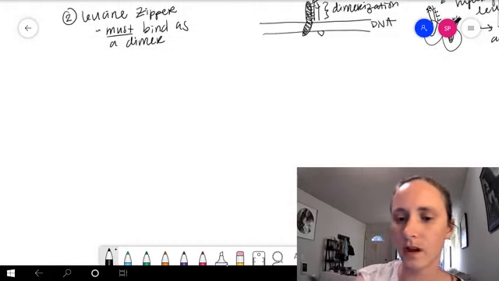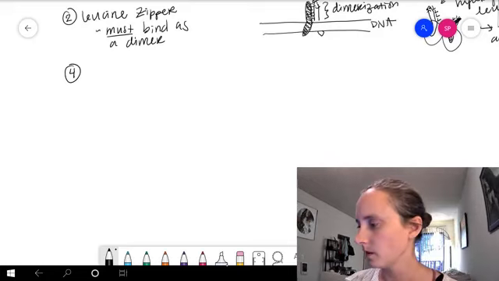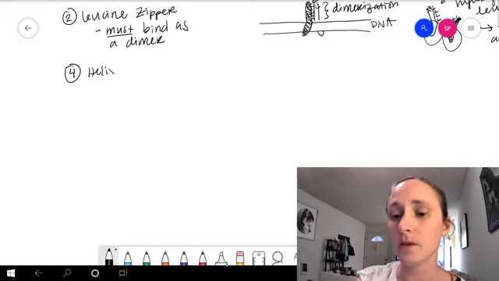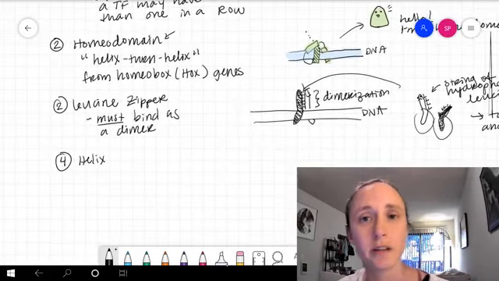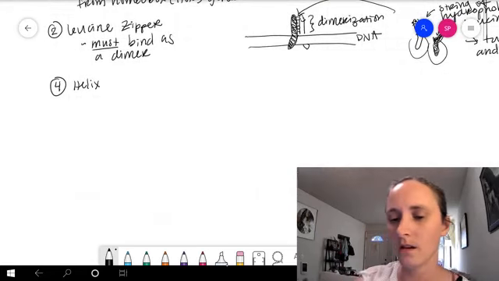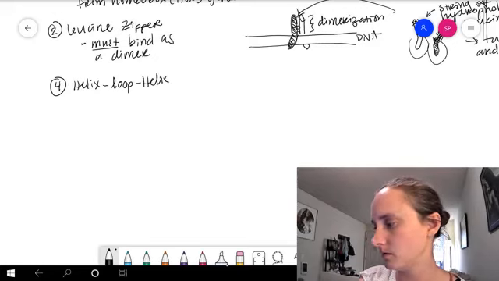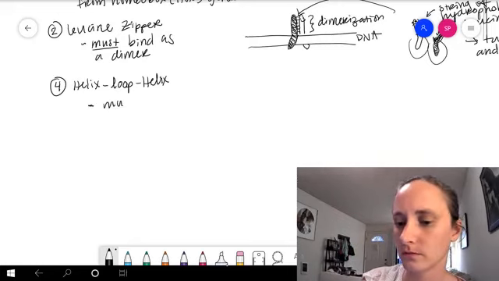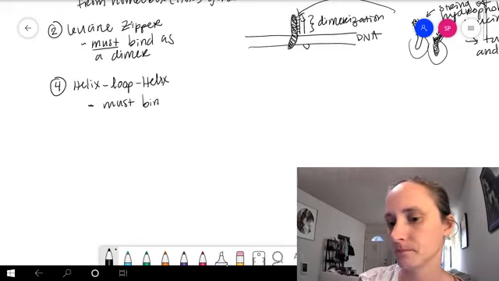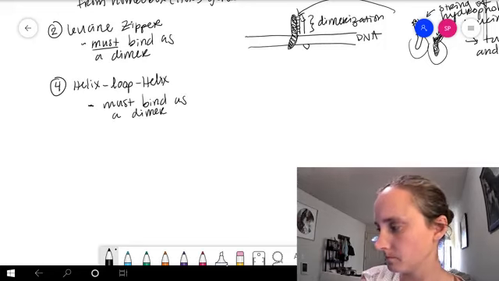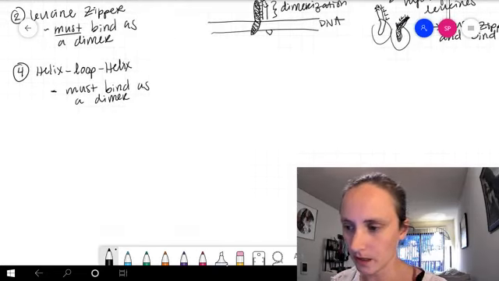The fourth type, there's four, is the helix-loop-helix. Not to be confused with helix-turn-helix, which I'm going to refer to as homeodomain so that they sound different. A helix-loop-helix also must bind as a dimer, like a leucine zipper. So sort of a similar idea.